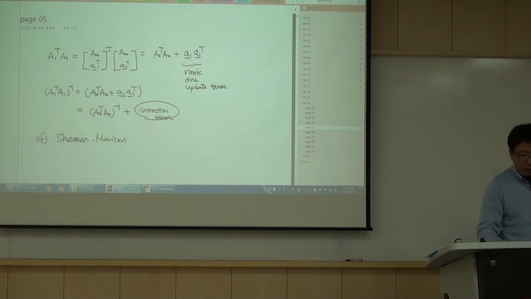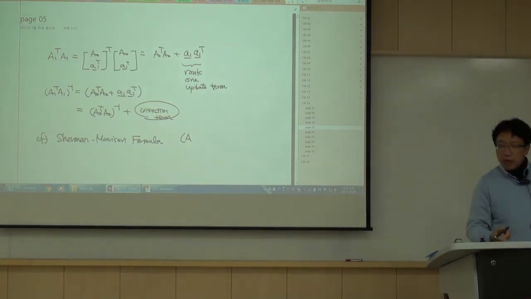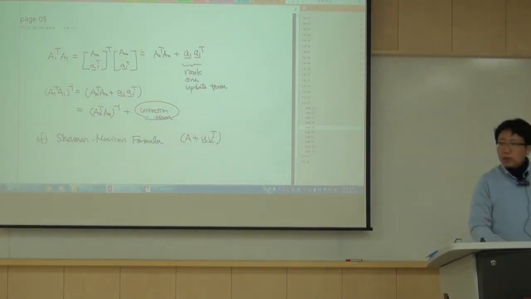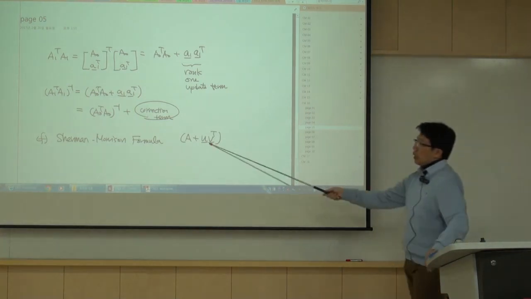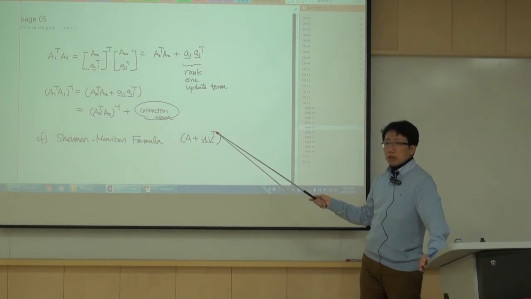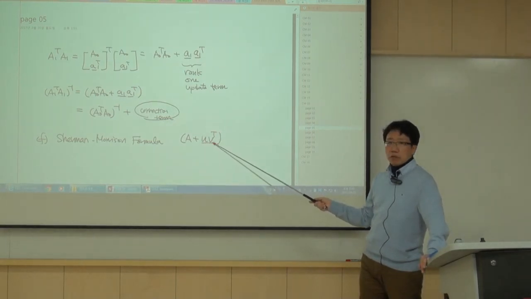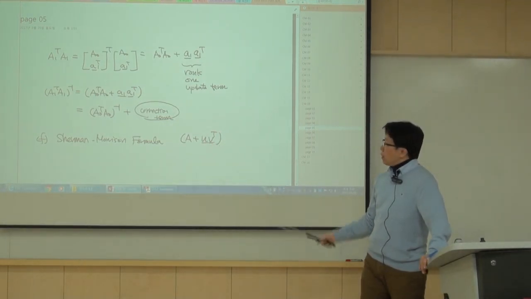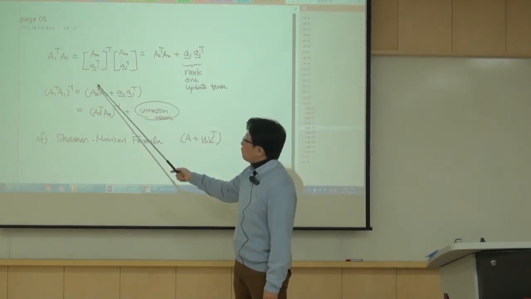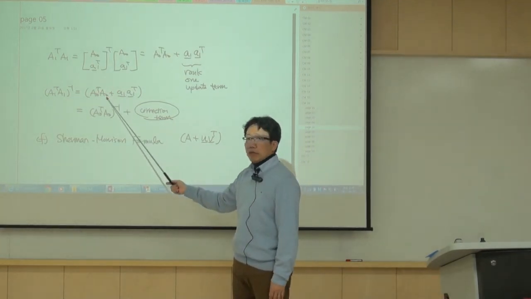And 2 R's. The Sherman-Morrison formula is like this. You have an invertible matrix A and U V transpose. So you have a rank 1 update. In this case, this is not U transpose, but you can set V equals U. And you may say that, wait a minute, this is not A. You can view this as A, right?